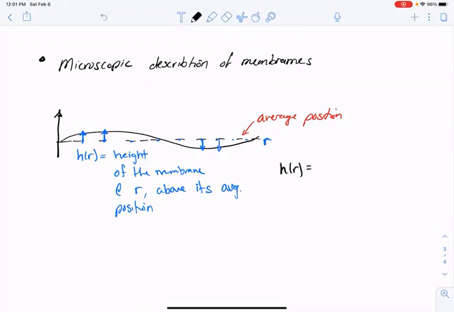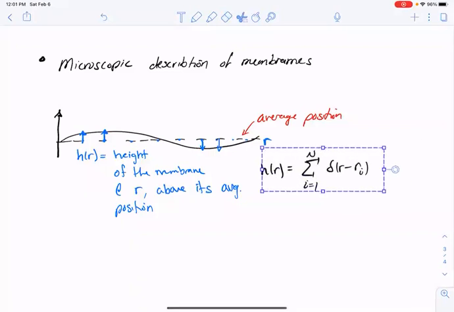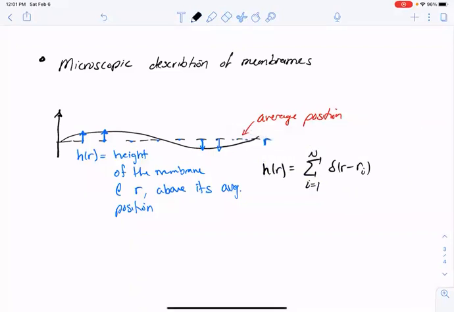Mathematically, that height could be constructed by looking at each point on the membrane, or each particle that makes it up, asking for where that particle is, and taking that particle's position relative to the reference plane and dotting it in with the normal vector.